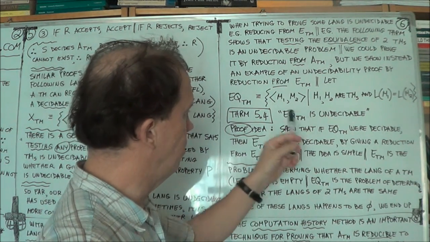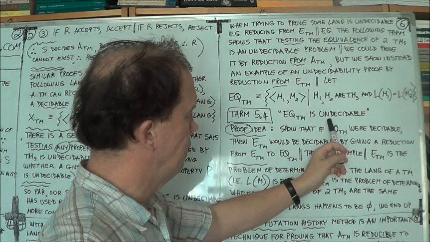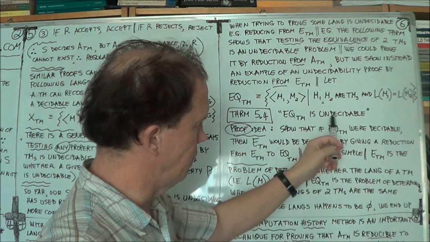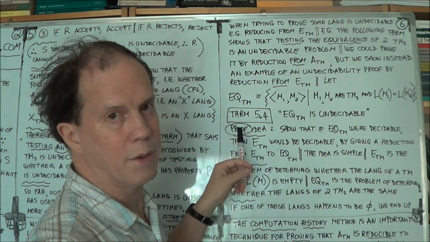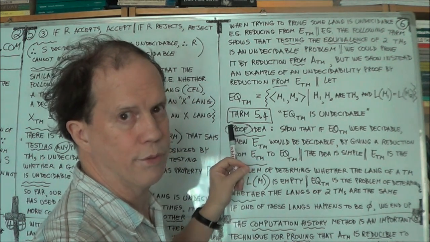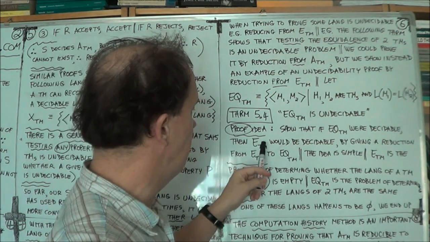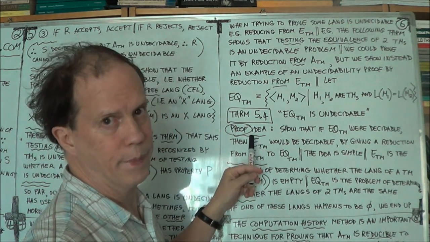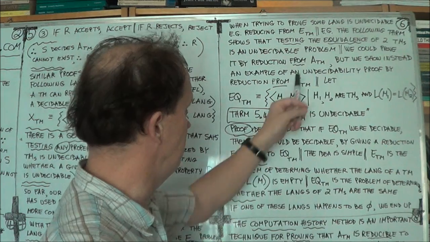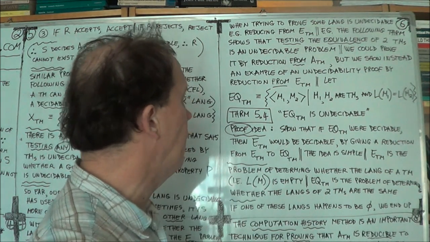Before we had if something or other is decidable, then ATM would be decidable. And that's how we got our contradiction proof. But instead of having ATM, we're just going to have ETM here instead. In fact, it makes life a bit easier than using ATM.